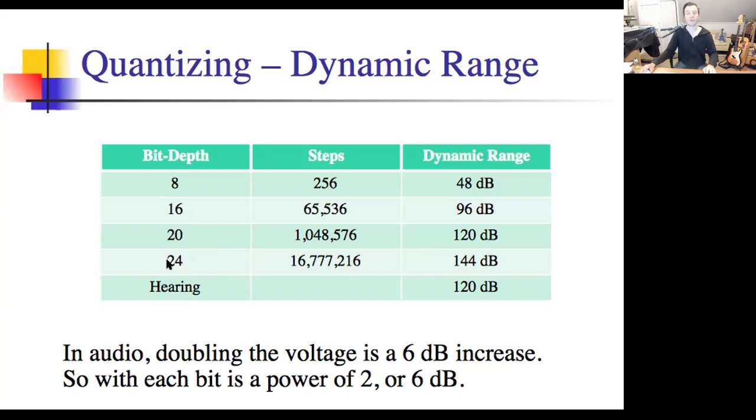So 24-bit will definitely give us range well above our range of hearing as far as amplitude is concerned. And that's great for things that are quiet, like reverb tails, things in the background, details that you don't so much hear as your brain has a reaction to.